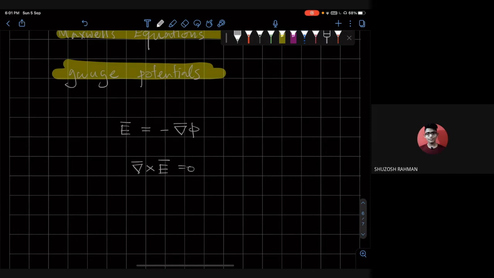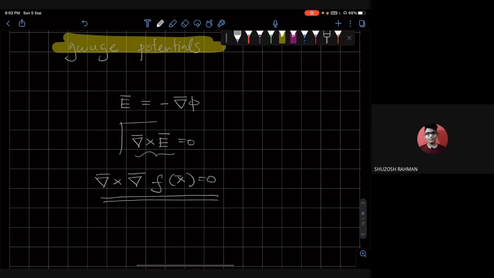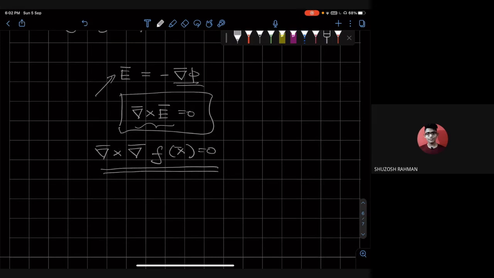So because the curl of E is 0, from vector calculus, you know that the curl of the gradient of any function is 0. And because of that, this allows us to express the electric field as the gradient of a scalar function called the potential.